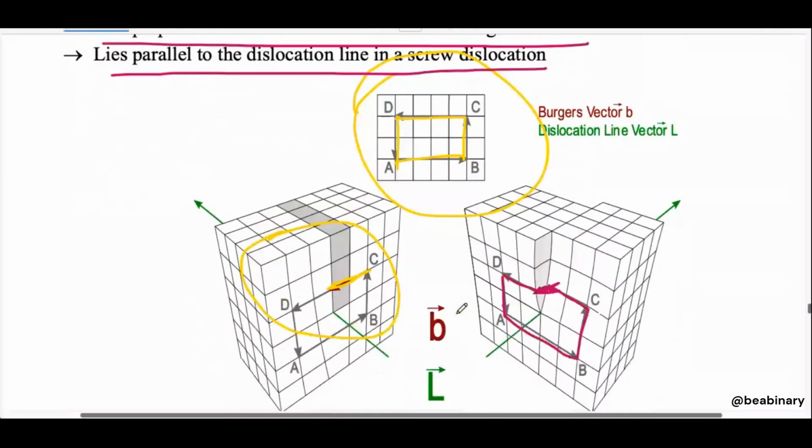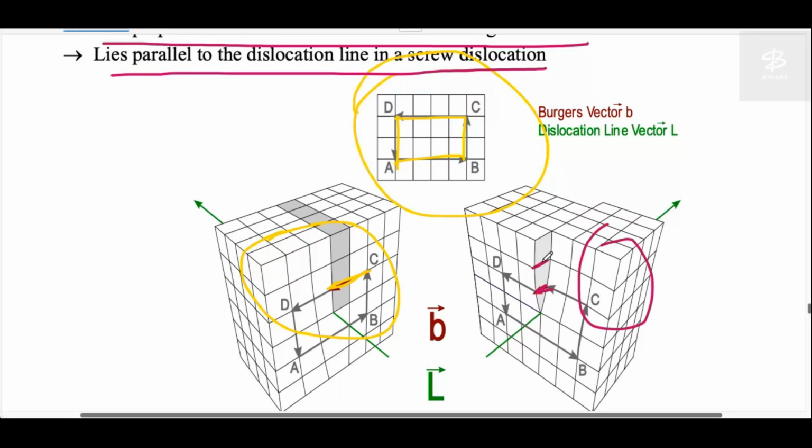Look here, here is the dislocation. Is it parallel or perpendicular? This is your dislocation, right? And the movement of this whole block is perpendicular or parallel? It's just parallel, you can see this line.